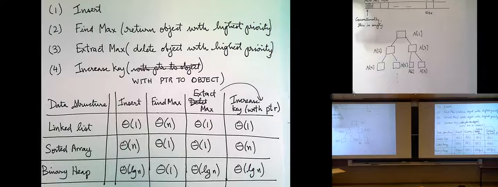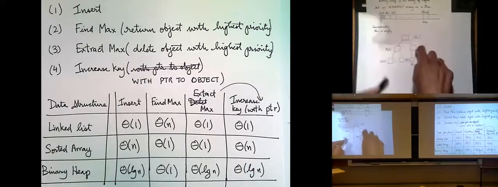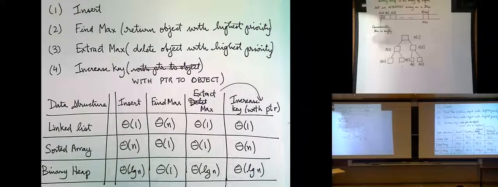I want to emphasize that these pointers don't exist anywhere, but we're just interpreting the array as a tree in this way. Okay?